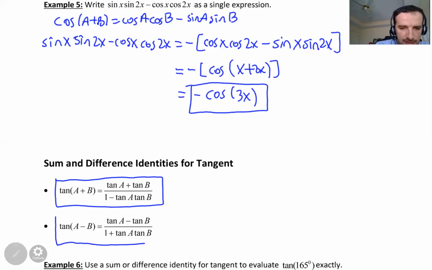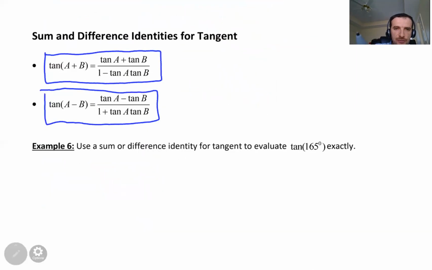And if it is minus inside tangent, tangent a minus b is equal to tangent a minus tangent b over 1 plus tangent a tangent b, okay?